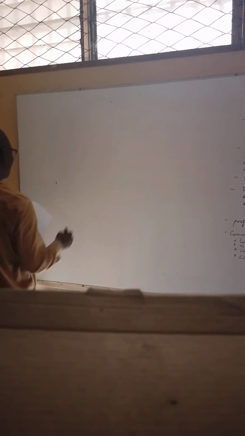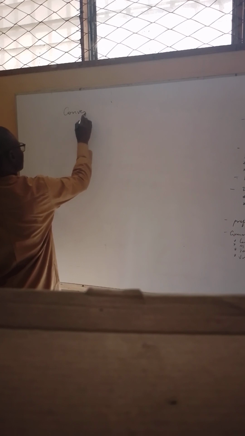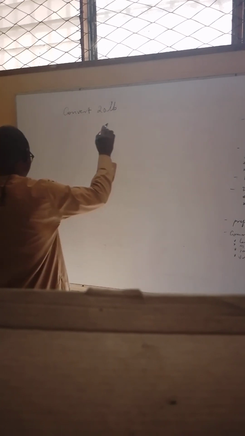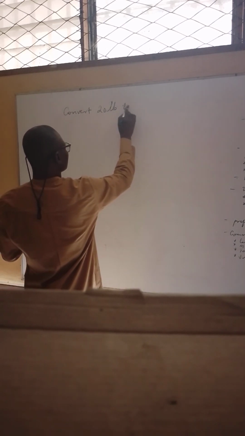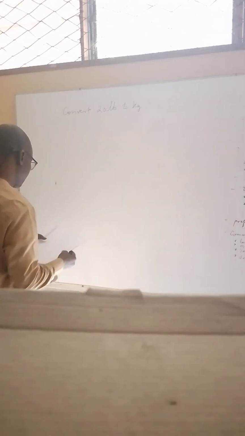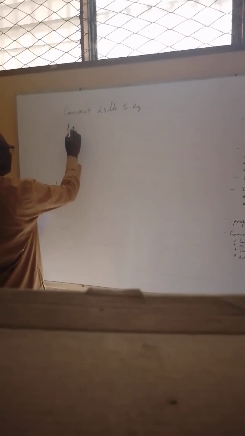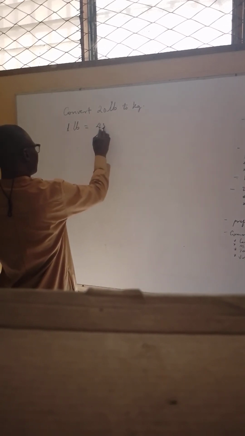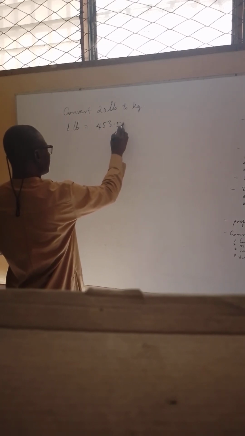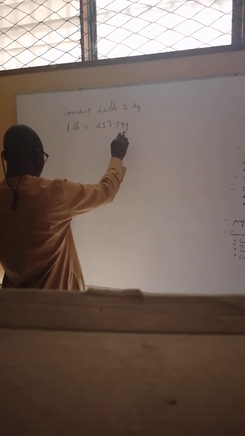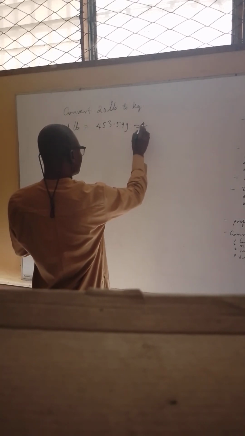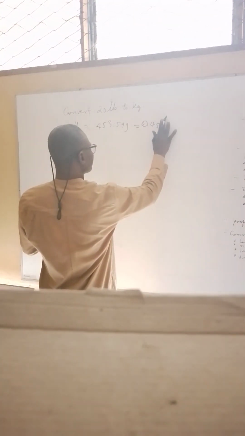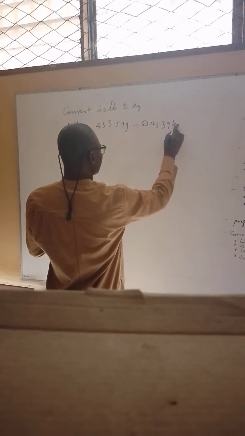And then the second example. Our second example is to convert 20 pounds to kilogram. 1 pound equals 453.59 grams, which is equal to 0.4539 kilograms.